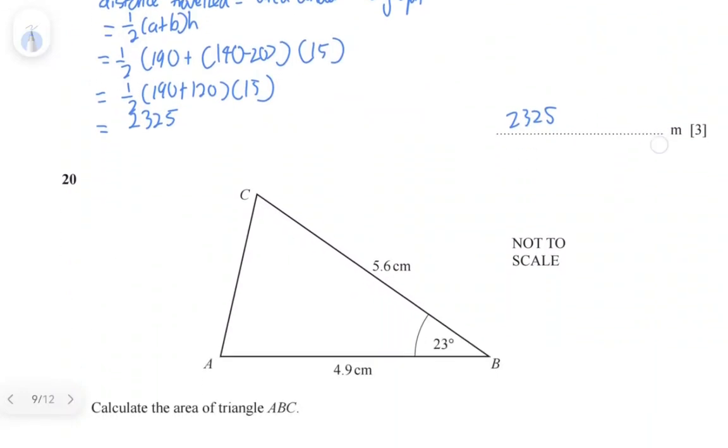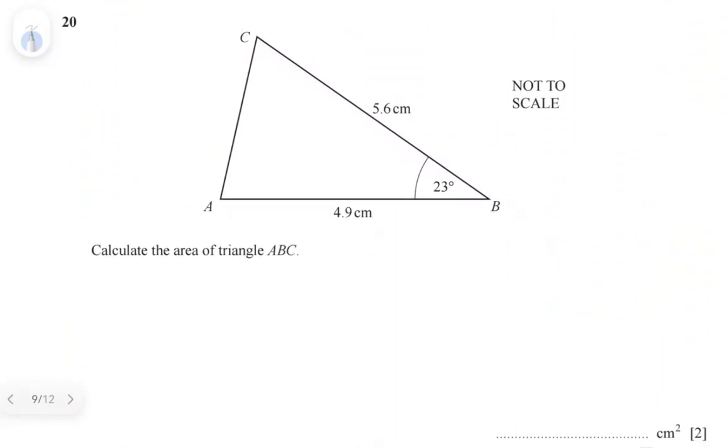meters. Now moving on to question 20, we're asked to find the area of this triangle. Seeing as it is not a right-angled triangle, we have to use the formula half ab sine C. In this case, it's not exactly a and b, but is the angle of 23 and the two sides that are on the other side of the angle.